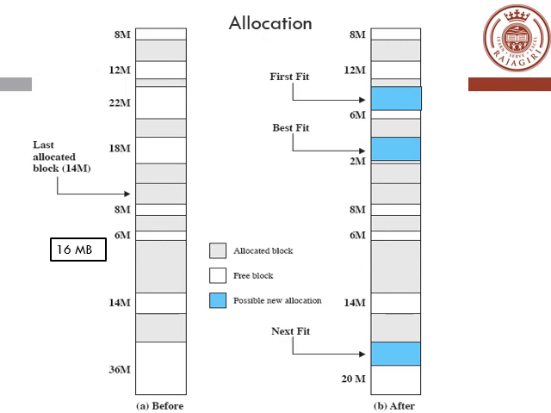First fit scans from the beginning of memory and allocates space in the first block which is large enough, a 22 megabyte block, resulting in a 6 megabyte fragment, and next fit scans the memory from the location that was used for the last allocation and finds the unused space at the end, resulting in a 20 megabyte fragment.